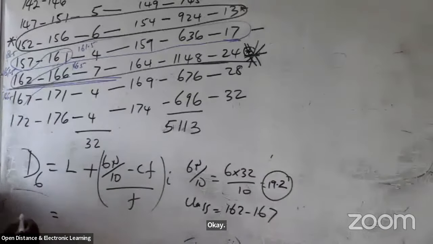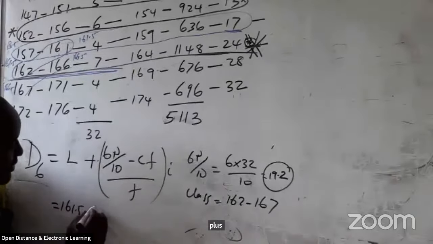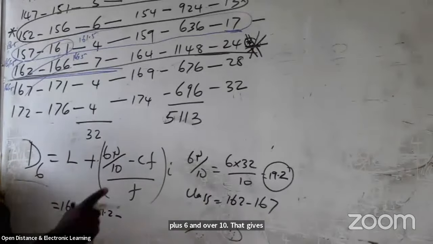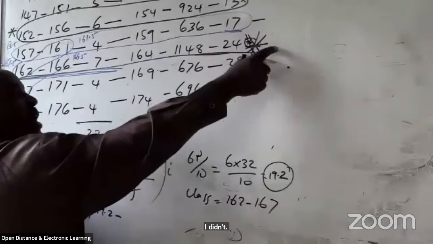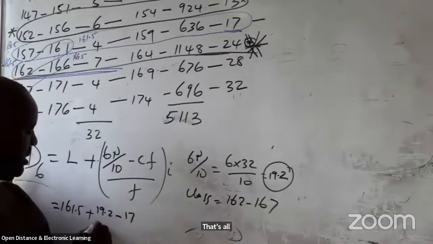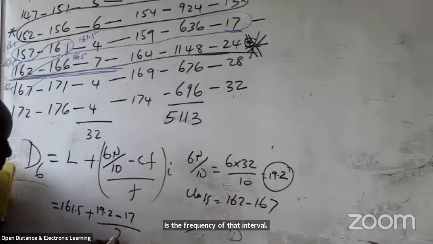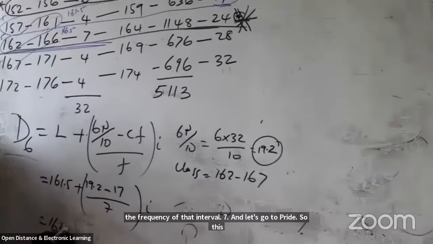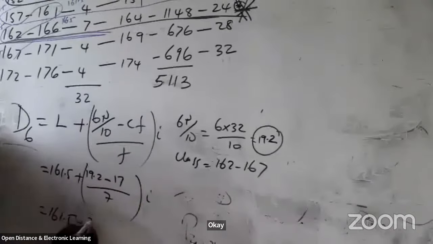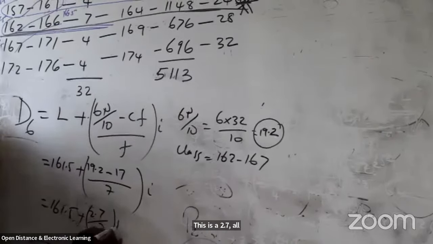Therefore, when we substitute, the lower class boundary is 161.5 plus 6n over 10, that gives us 19.2, minus cf, what precedes, which is 17, divided by f, the frequency of that interval, 7, and this multiplied by i. So this will give you 161.5 plus 2.2 all over 7 times 5.